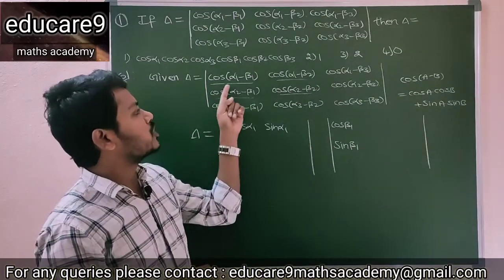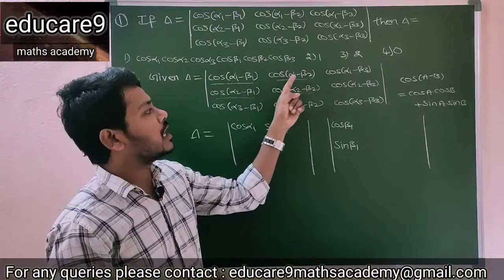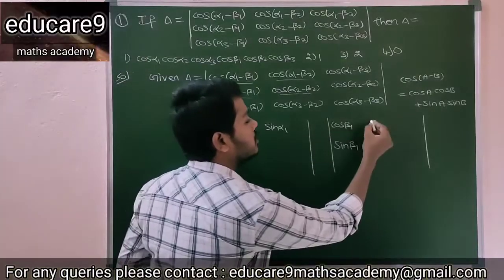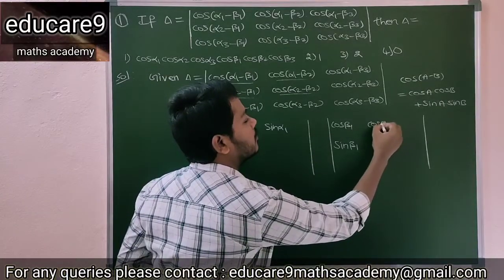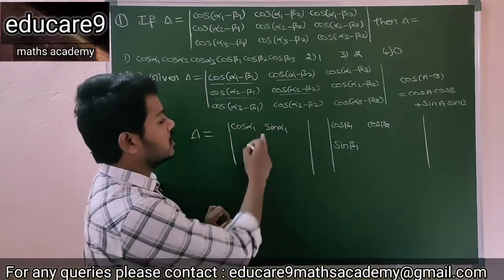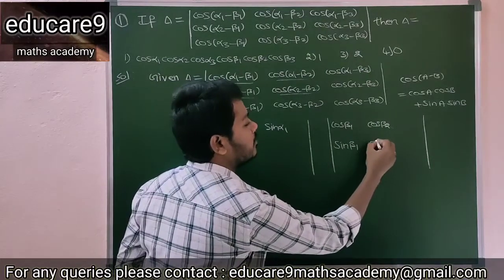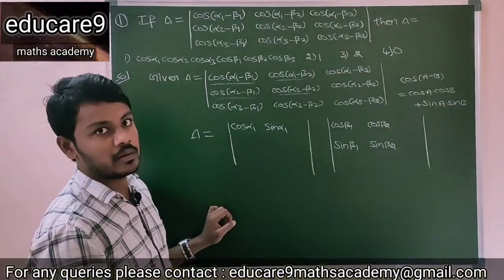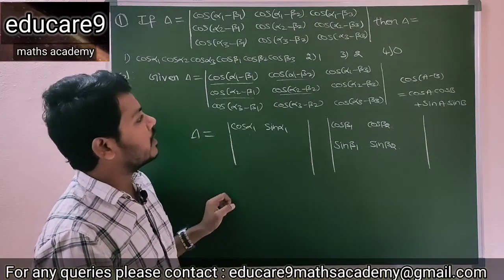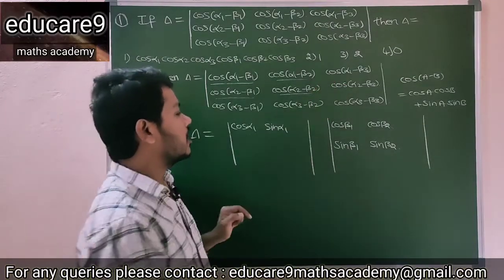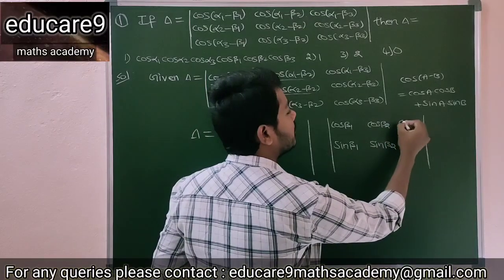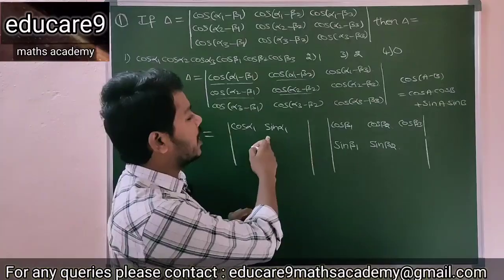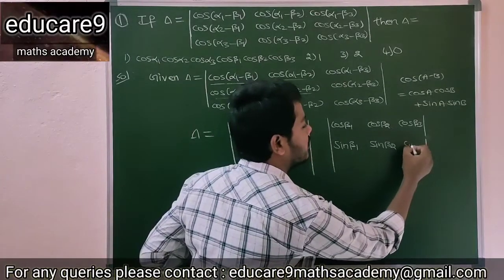See the first row second element, cos alpha 1 cos beta 2. So cos alpha 1, write here cos beta 2. Next sin alpha 1 sin beta 2. Next one, cos alpha 1 cos beta 3, and next sin alpha 1 sin beta 3.